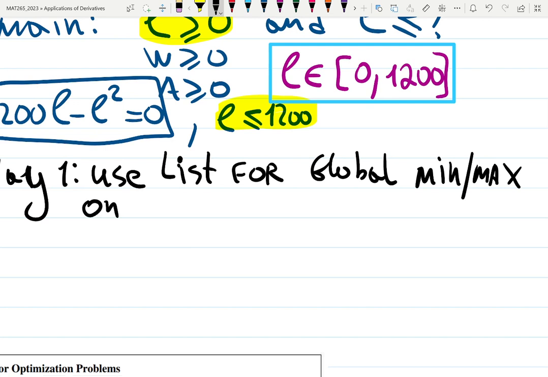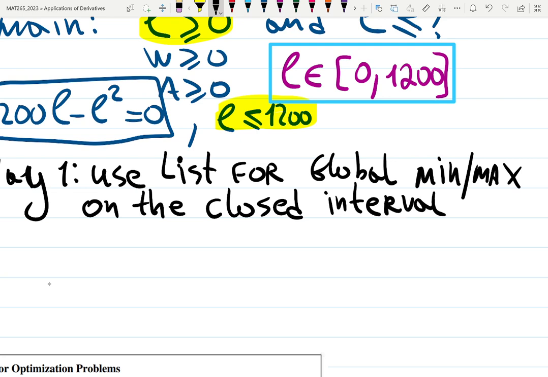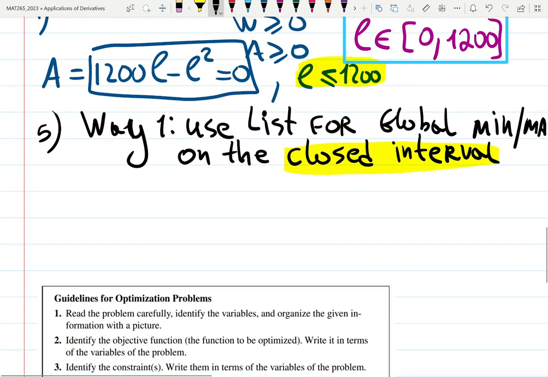If we don't include the endpoints, you cannot call it the closed interval. So that's why I usually do call it closed interval. You can do it at home. Make a list, plug in 600, the critical point, plug 0 and 1200. Obviously those are not good numbers, they give you 0. And choose the answer.